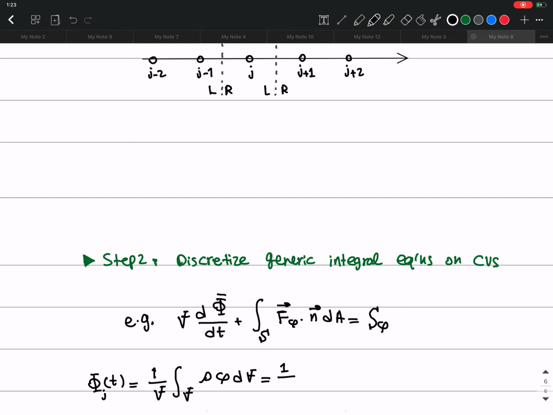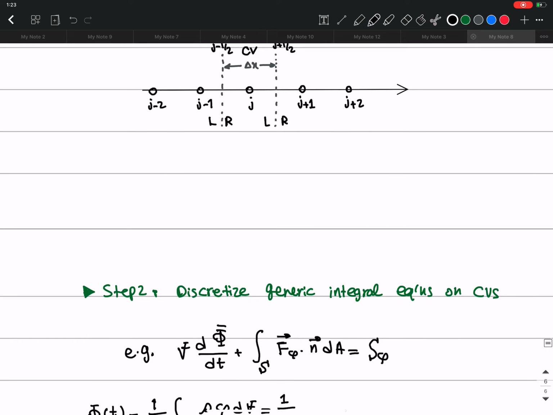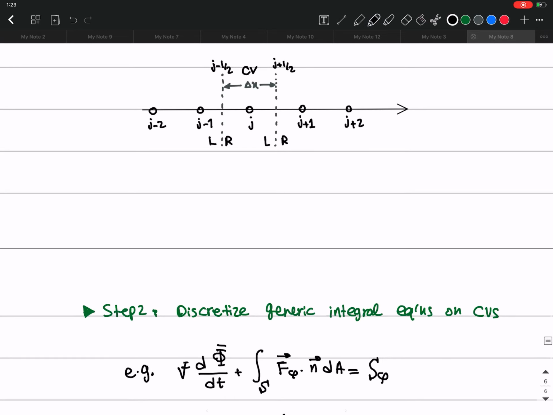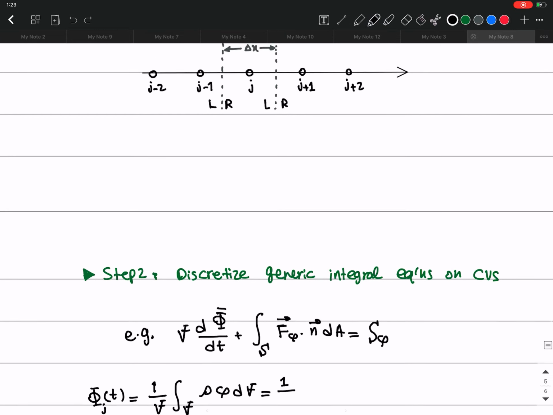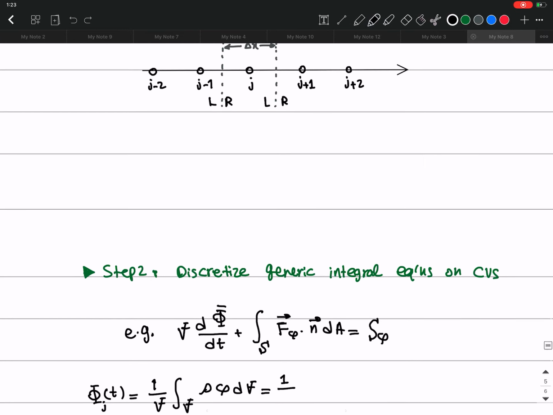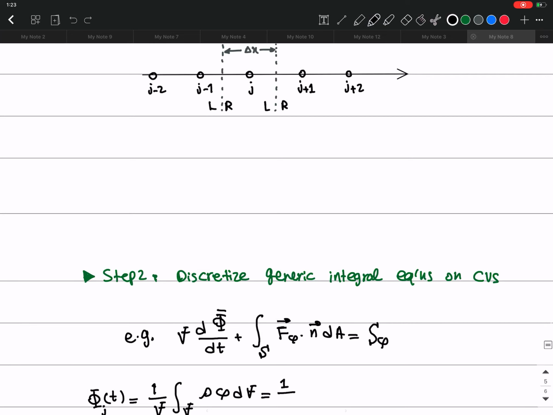What is the volume of this control volume? It is just delta x, right? If you had 3 dimensions, it could be delta x, delta y, delta z, but here we have 1 dimension, so the volume is going to be 1 over delta x.